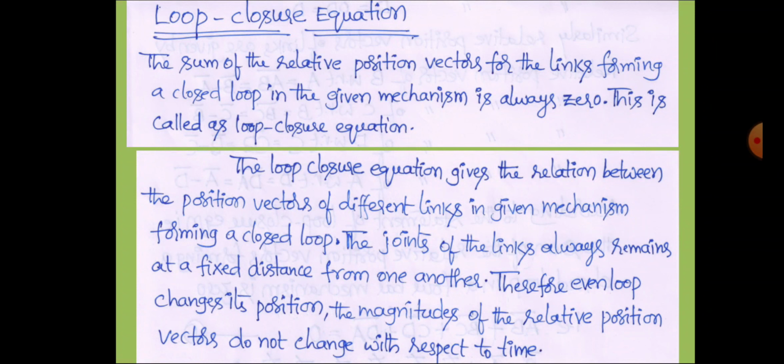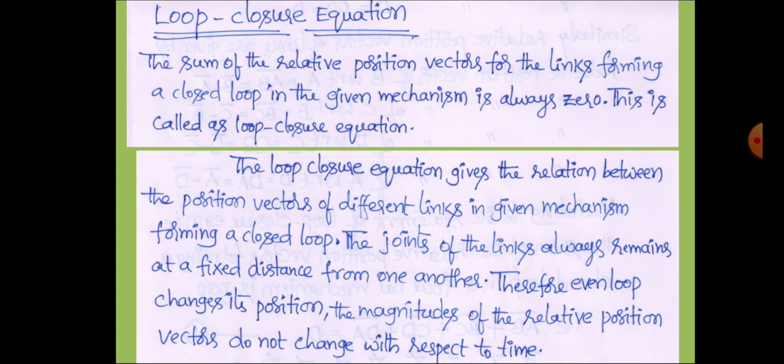So the 2 points which you have to remember in this: first, what is a loop closure equation and what is the purpose, what is the use of a loop closure equation. So what is the loop closure equation? The sum of the relative position vectors for the links forming a closed loop in a mechanism is always 0. This is the statement of the loop closure equation.